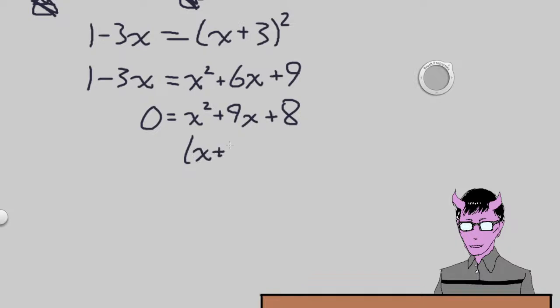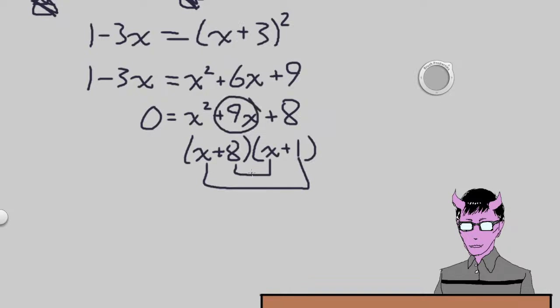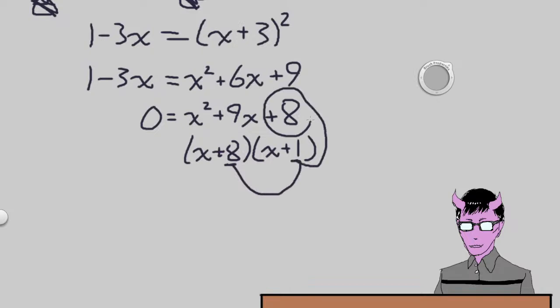We have x plus 8 and then x plus 1. Both signs are the same and both signs are positive. So positive 8x plus positive 1x does give us 9x. And then of course, positive 8 times this one gives us 8. So two solutions. As candidates, we have x is equal to -1 and then -8.